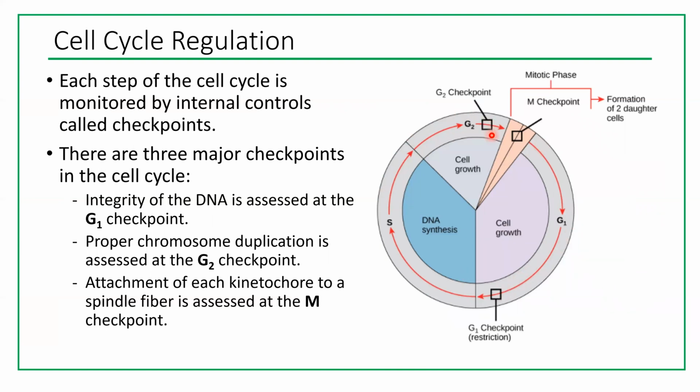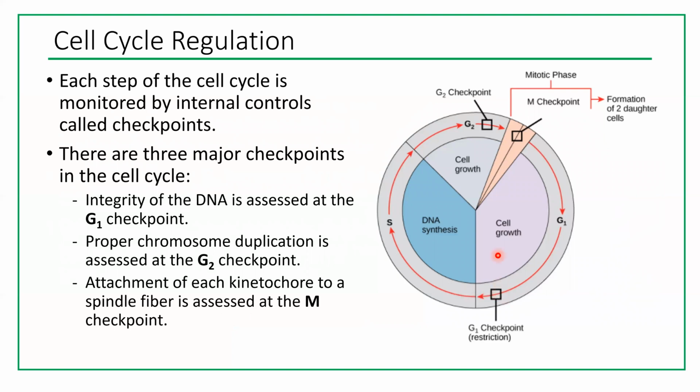Here's G2 at the end of G2 phase, and one in the M phase, so it's the M checkpoint. The integrity of the DNA is assessed at the G1 checkpoint. Proper chromosome duplication is assessed at the G2 checkpoint. And attachment of the kinetochore to a spindle fiber is assessed at the M checkpoint.